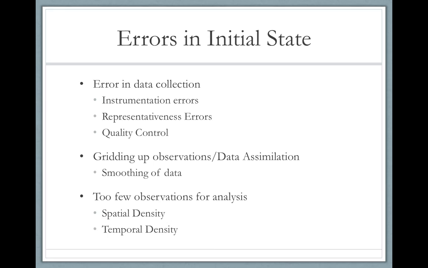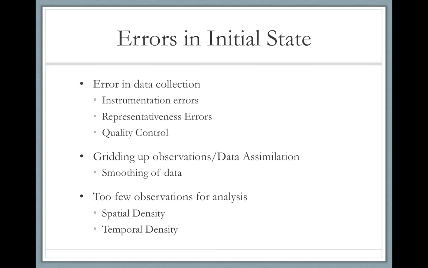Errors in our initial state. There are so many ways in which small amounts of error can get into our initial state of our atmosphere, which is ultimately what we're starting our forecast with. If you've taken instrumentation or know anything about instrumentation, we know that our instruments can't perfectly represent the atmosphere, and there are only estimates of temperature, really, in the end. And so those errors are inherent in our initial conditions.